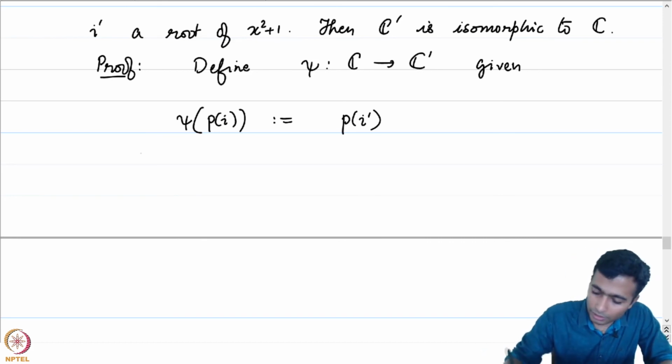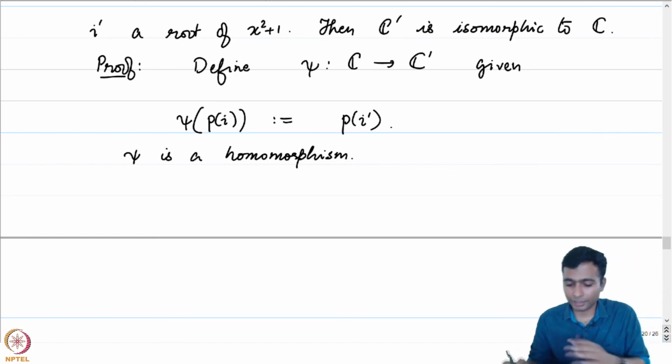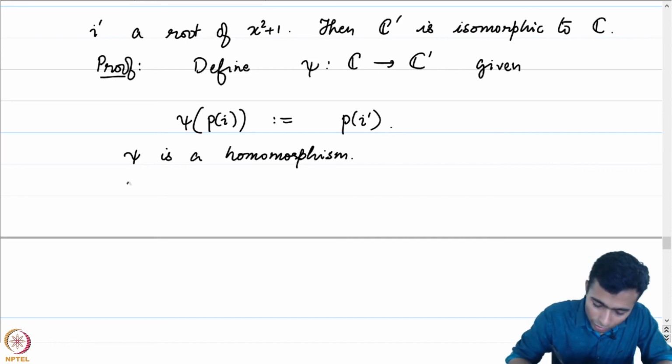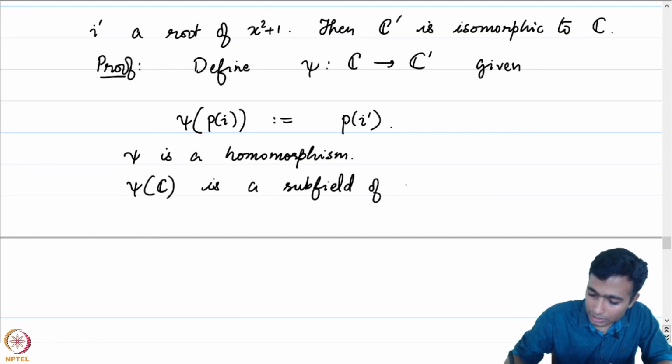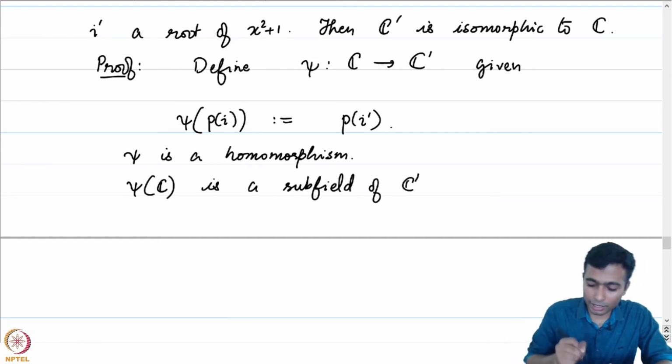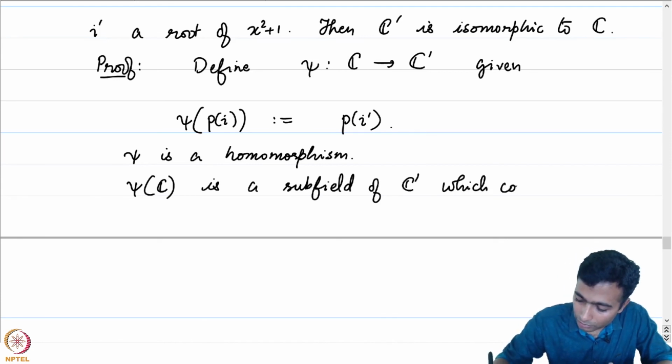So in particular, check that psi is a homomorphism. And because it's the identity on R, it will be an embedding of C into C prime. Psi of C is a subfield of C prime, but this psi of C has certain characteristics: it contains R, because it's the identity on R, it will send R to R, right?